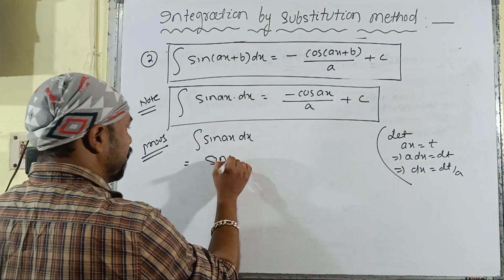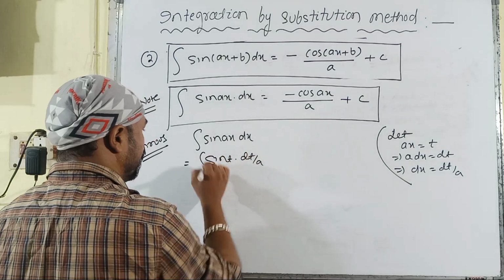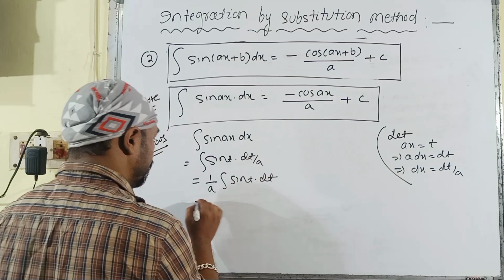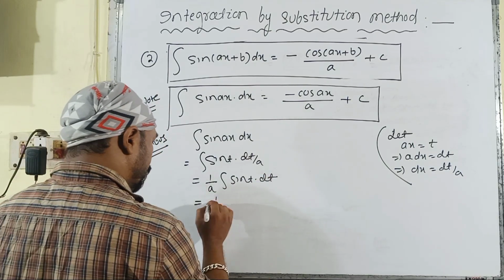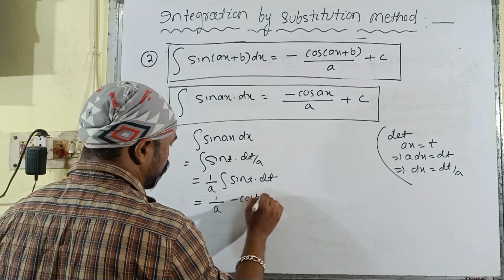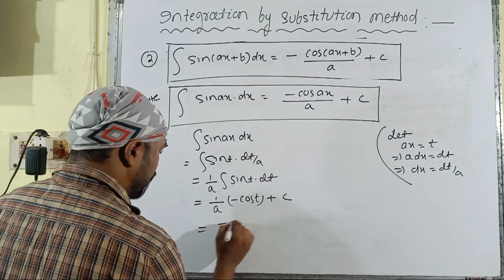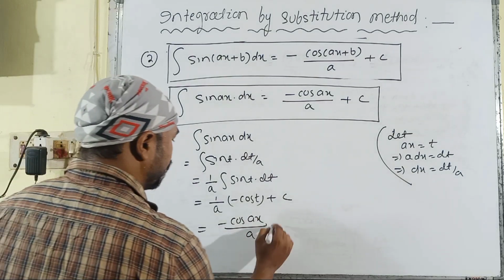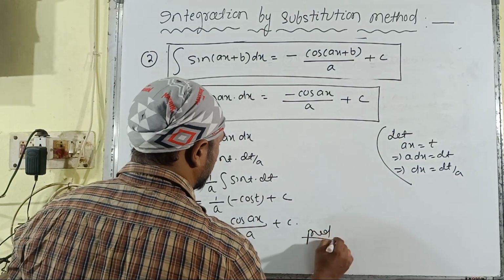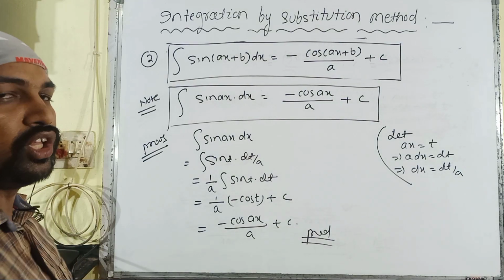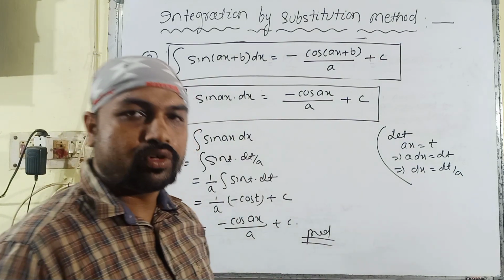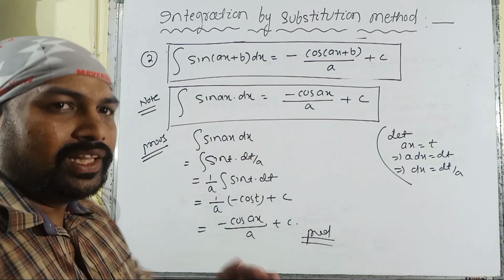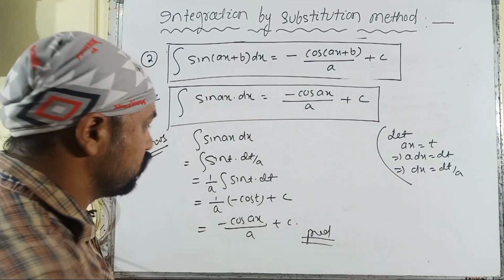So it will be sin t dt divided by a, which is 1 by a times the integral of sin t dt, and this is 1 by a times minus cos t plus any constant c. Then this will be minus cos ax divided by a plus any constant c, and here it has been proved. This is the note based upon theorem number 2. Now let us solve another example which is based upon this note.